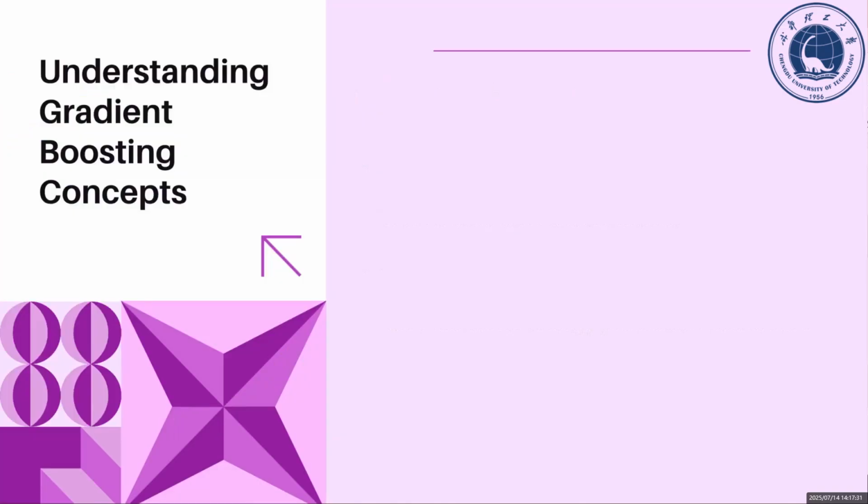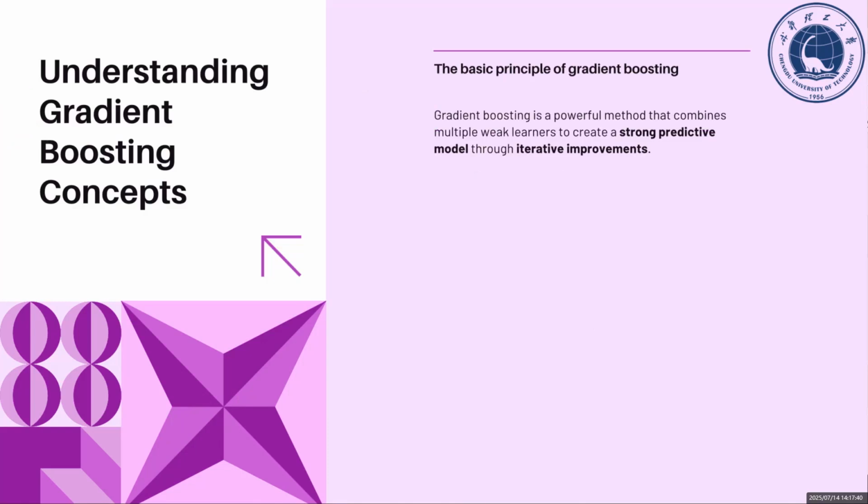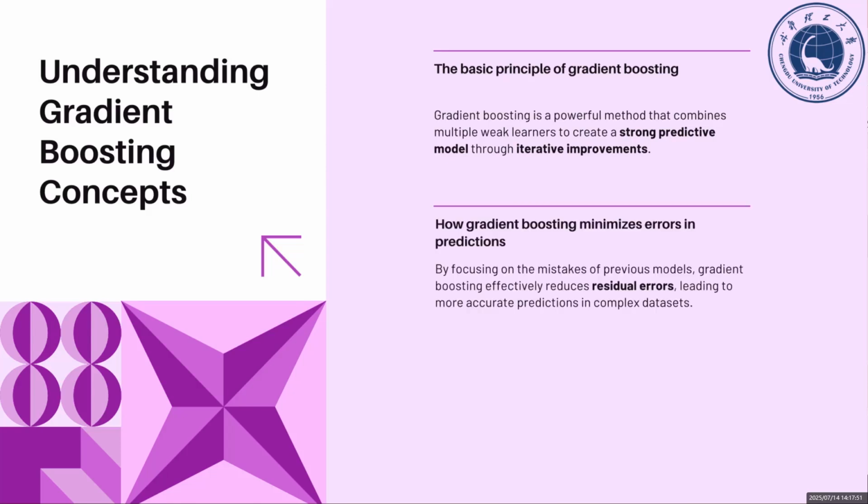Now, you need to understand the gradient boosting concept. First, the basic principle of gradient boosting: you need to recall that gradient boosting is a powerful method that combines multiple weak learners to create a strong predictive model through iterative improvements.